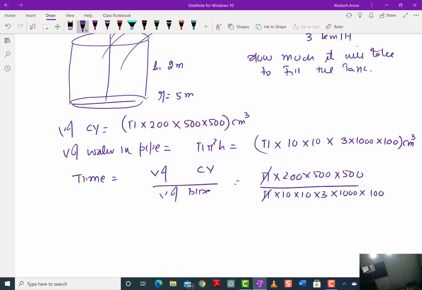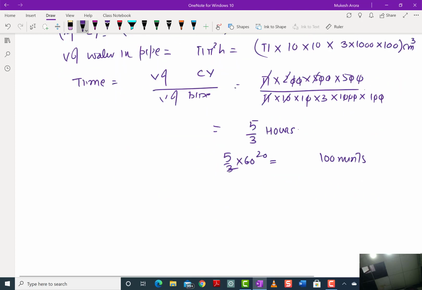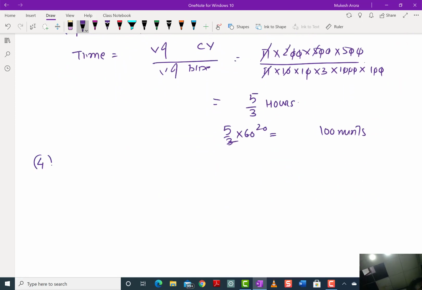Pi cancels. 1 2 3 4 5 6, 1 2 3 4 5 6, 5 2s are 10. Answer will be 5 by 3 hours. 5 by 3 hour means 5 by 3 into 60, that is 100 minutes to fill the cylinder.